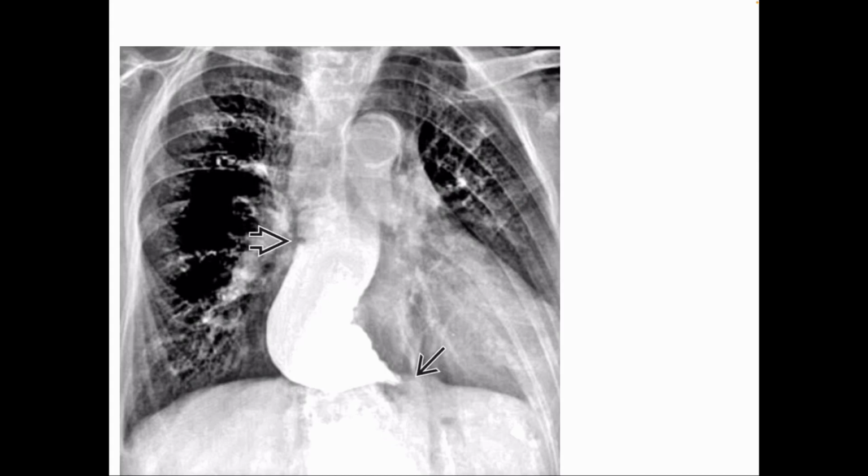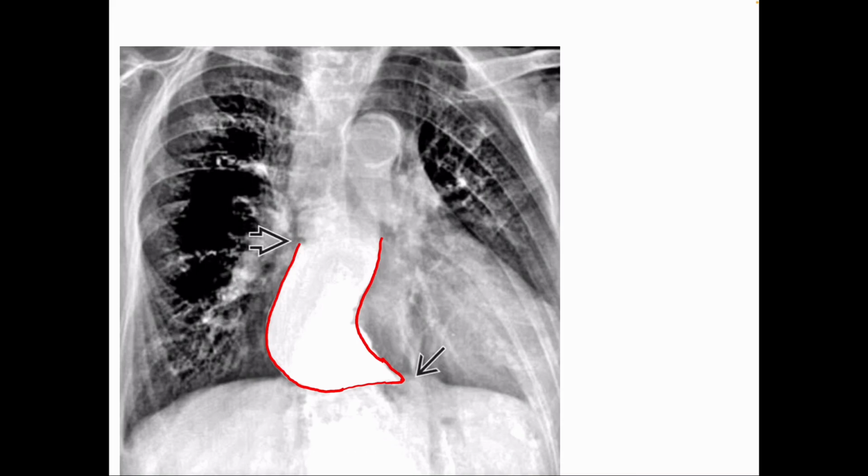This is the barium swallow picture of achalasia cardia. You can see the dilated part of the esophagus, and the part where it gets narrowed, there will be smooth narrowing of the esophagus.